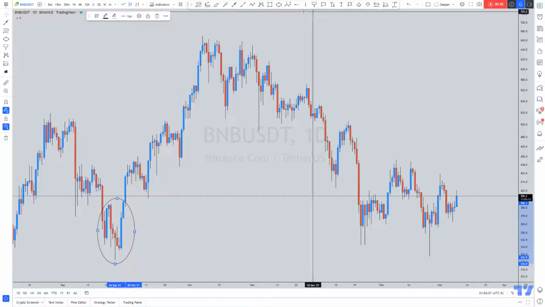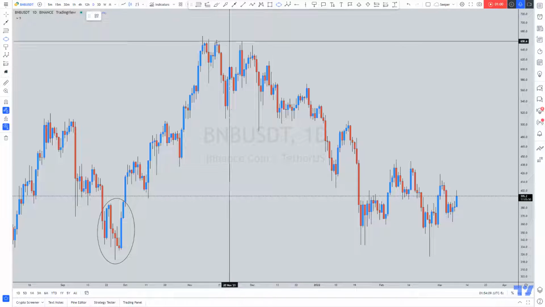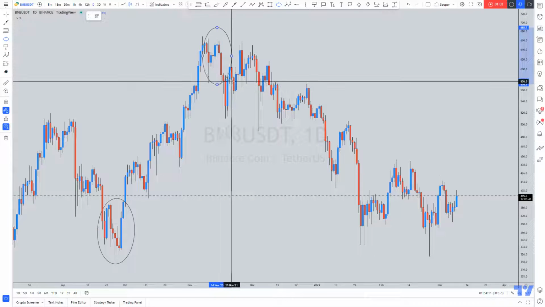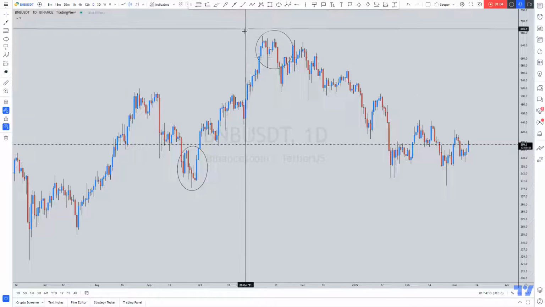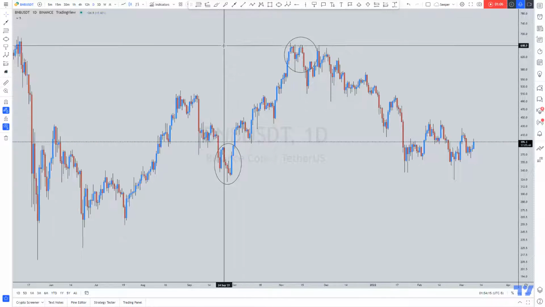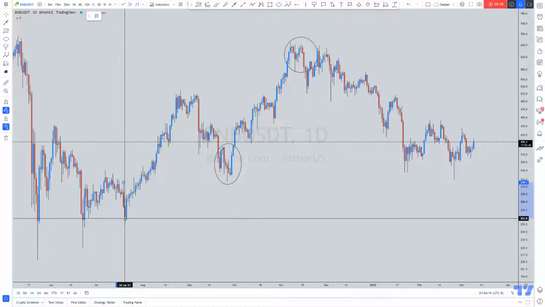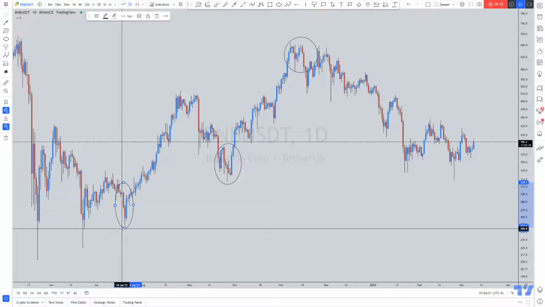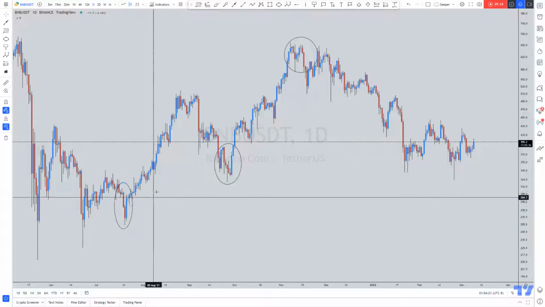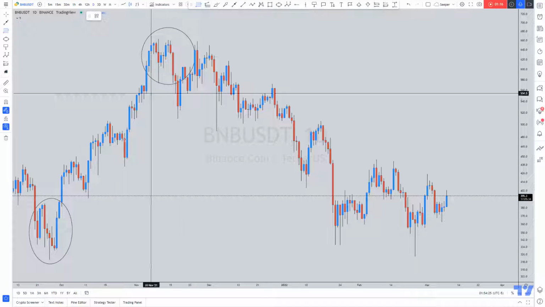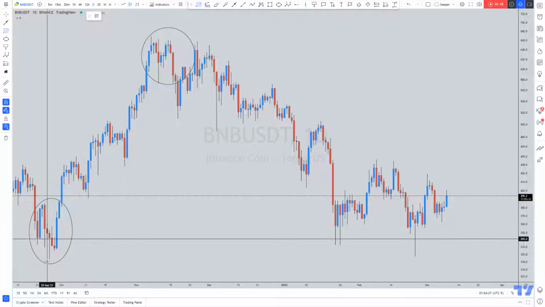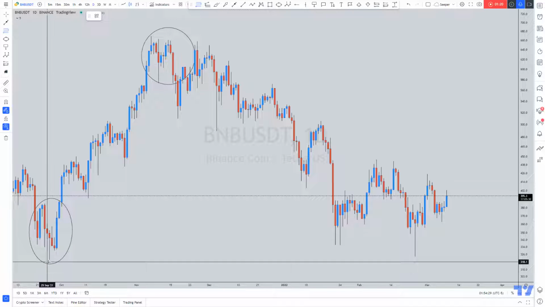And I'm going to identify this as my high. And I'm also going to recognize this intermediate low down here. Now, currently I'm on the daily time frame, but this is just for visual purposes right now. And I'm going to measure with the Fibonacci from the bottom, not this wick.